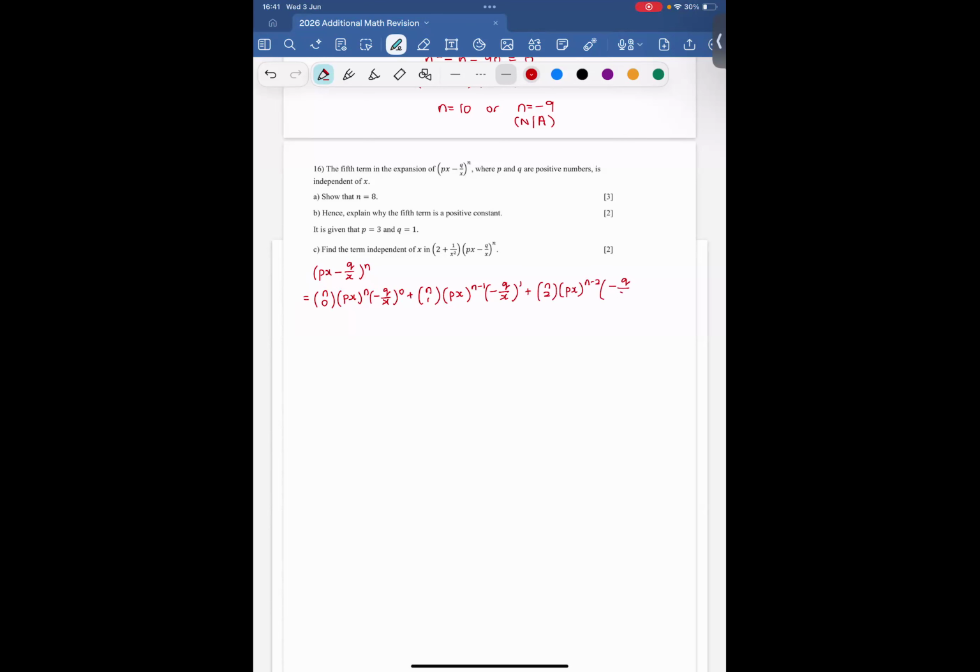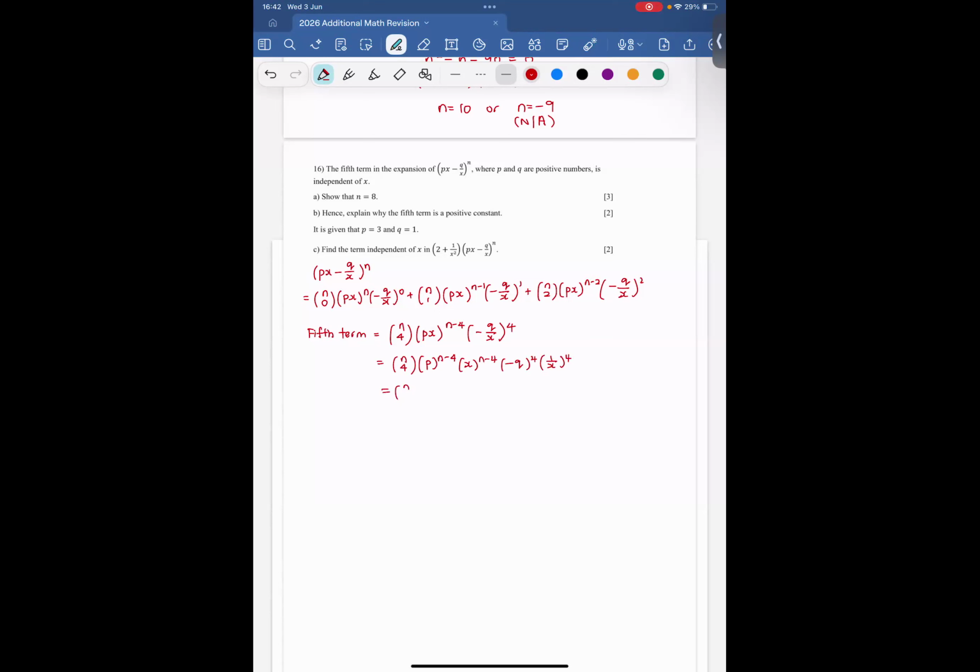So what is the fifth term? The fifth term will be nC4 p x power n minus 4, minus q over x power 4. Okay, so what we need to do, we need to arrange all the numbers and the x. We need to separate them. So this is number, this is x, this is number, this is x.